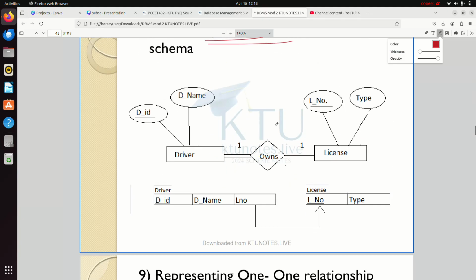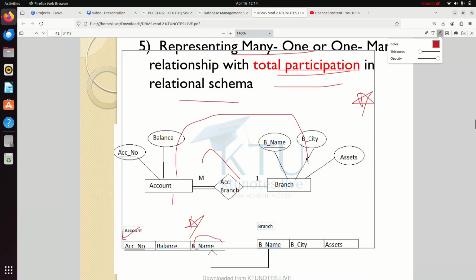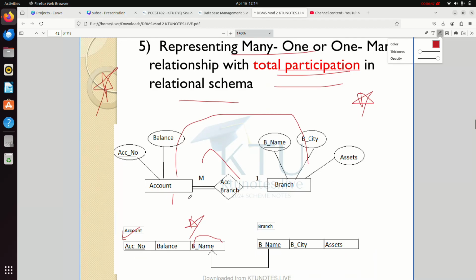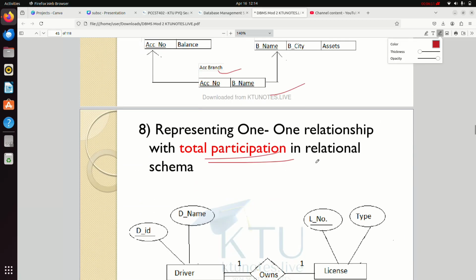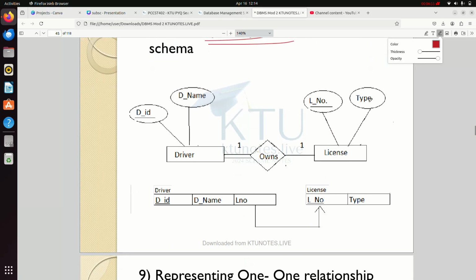That means, what does it mean? We have said here the many to one and one to many relationship with total participation. Which has total participation, there we will write the primary key of the other. But here it is a one to one relationship with total participation.